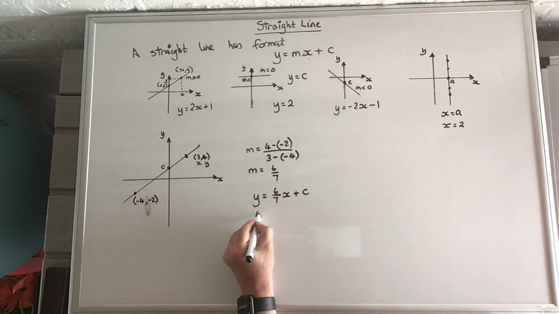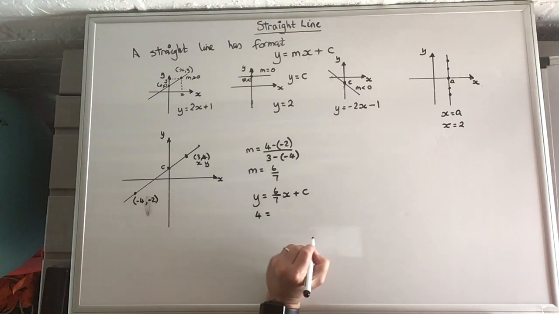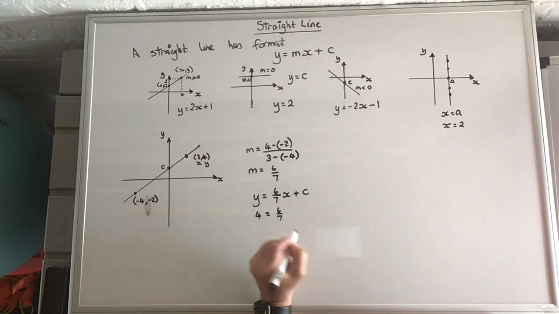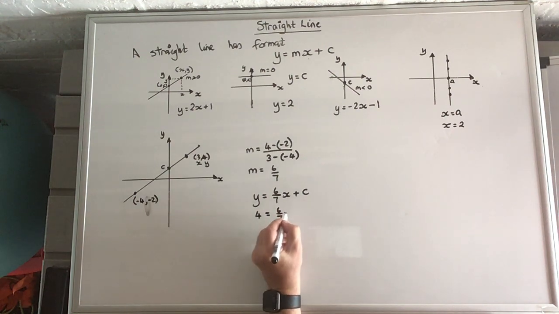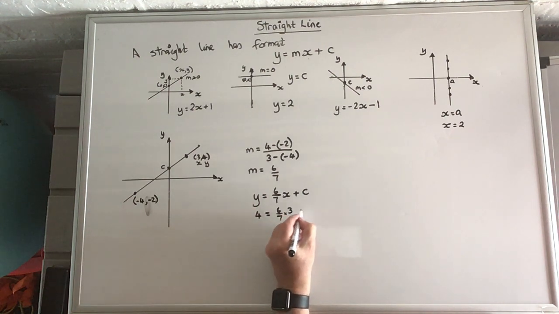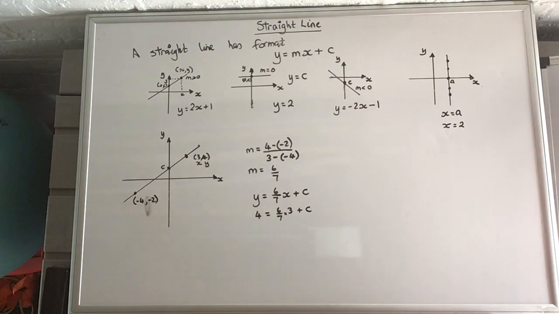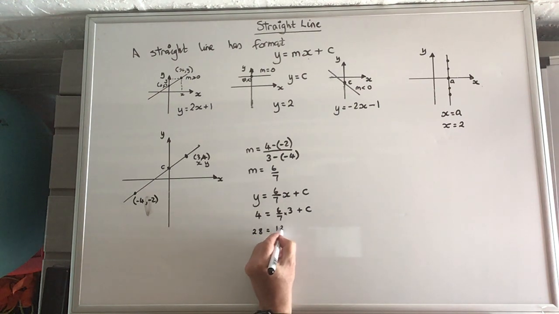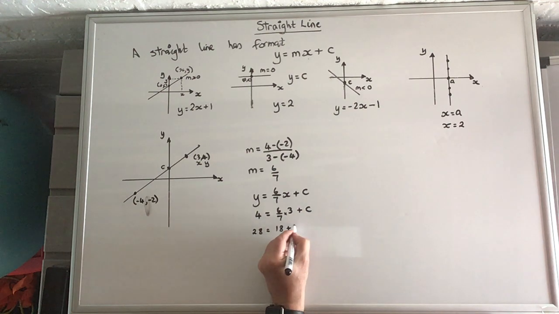So we have 4 is equal to 6 over 7 times my x coordinate, which is 3, plus c. And we just work that out. So this is not going to be great. I think we have to multiply through by 7, so that's going to give me 28 is equal to 18 plus 7c.